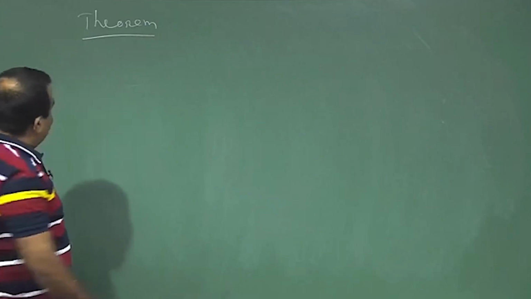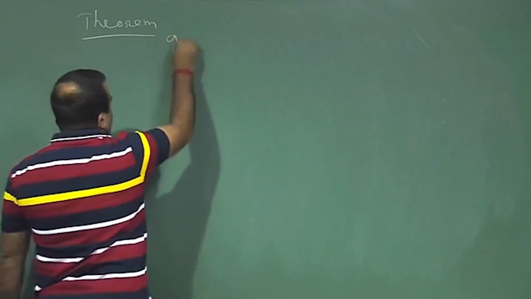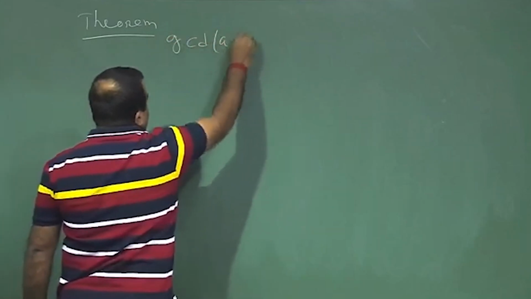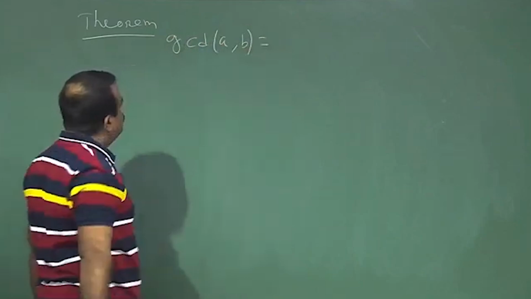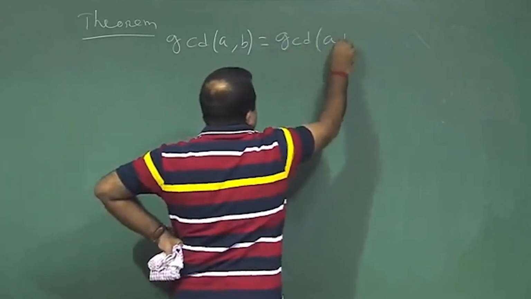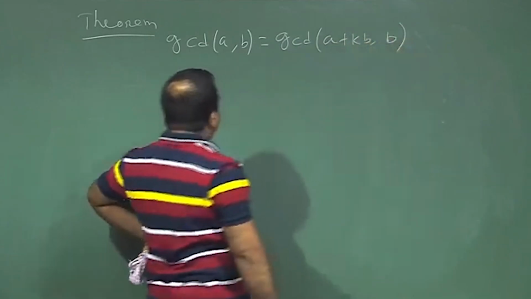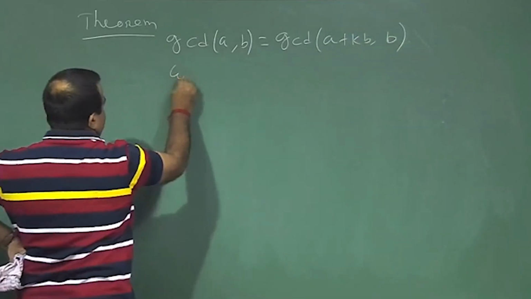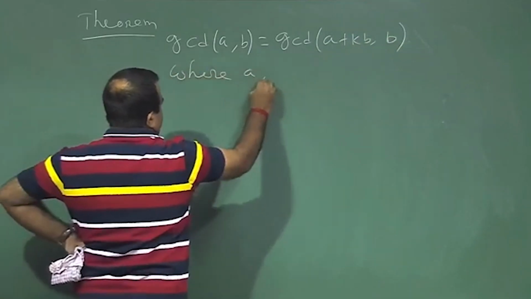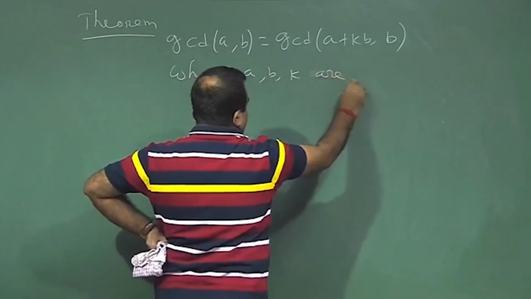So, 1, 2, 3, 4, anyway this theorem is telling GCD of A, B is basically GCD of A plus KB comma B, where A, B, K are any integers.